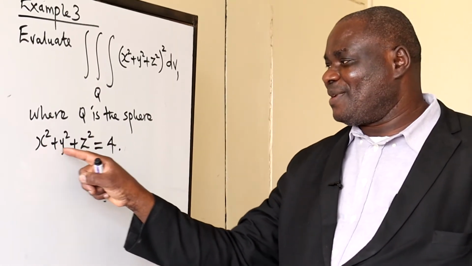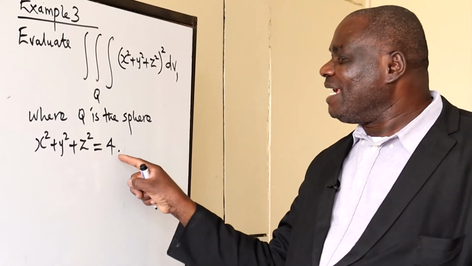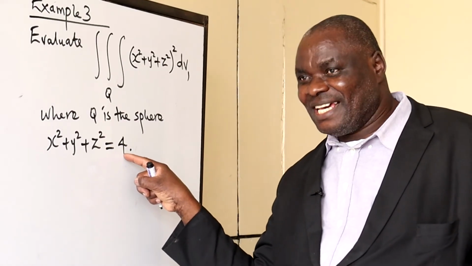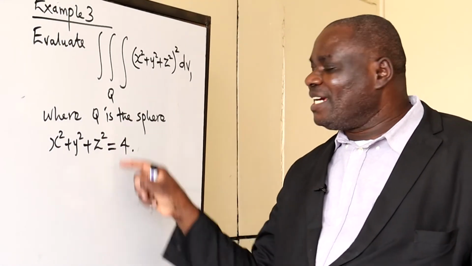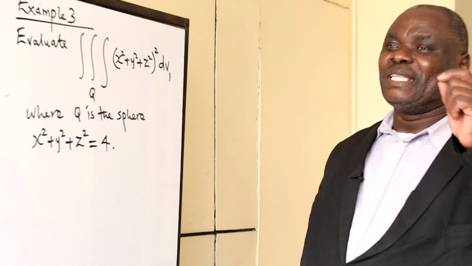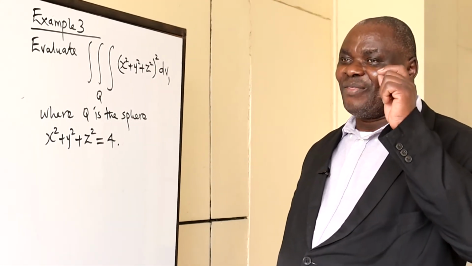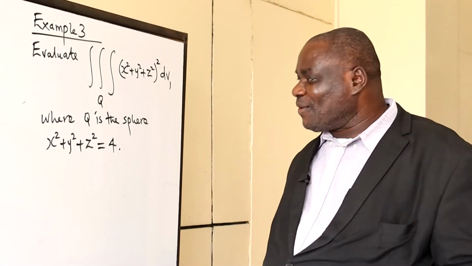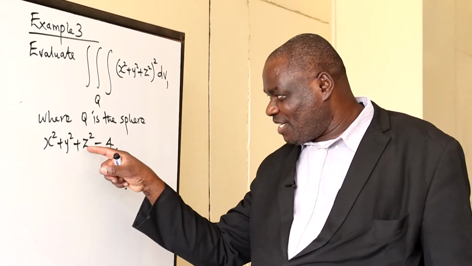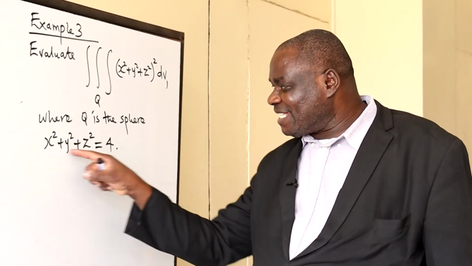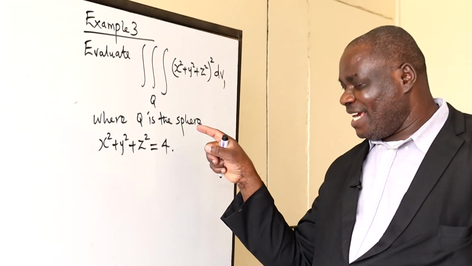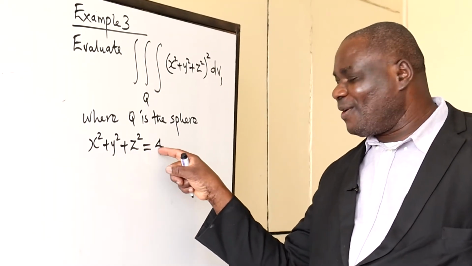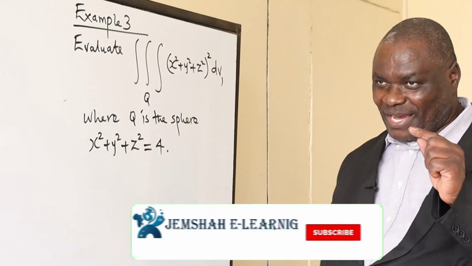When you have x squared plus y squared plus z squared equal to a constant, this constant is equal to the radius of that particular sphere squared. So this is a sphere of radius 2, since 4 is equal to r squared.